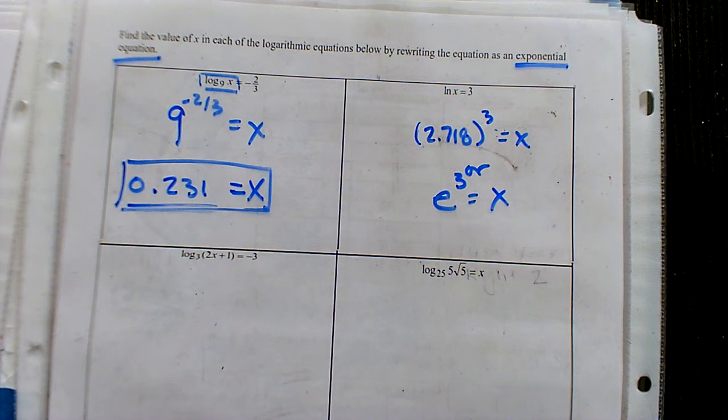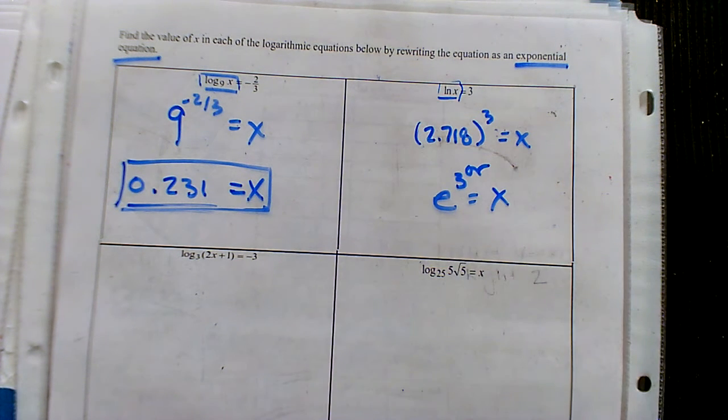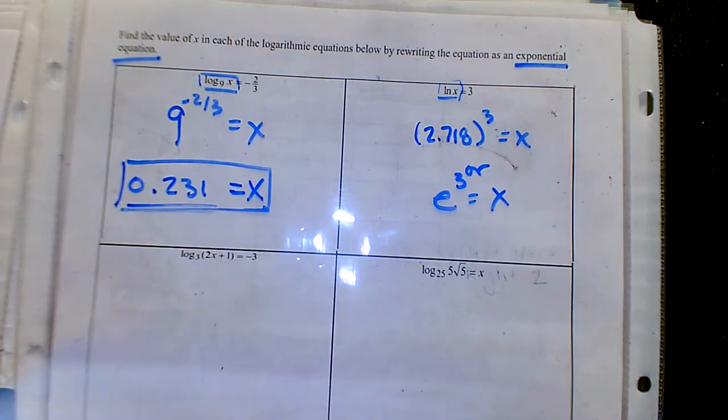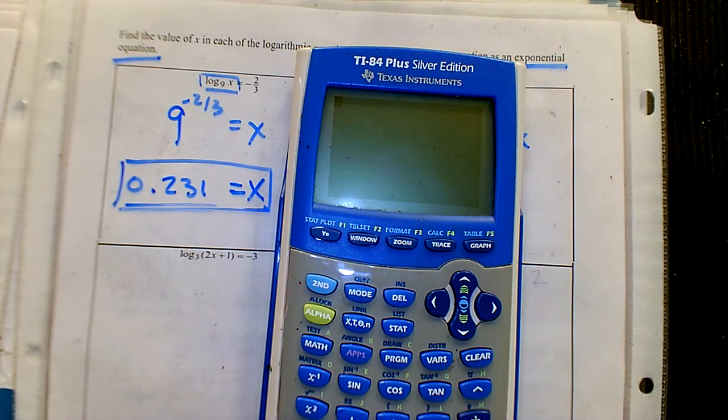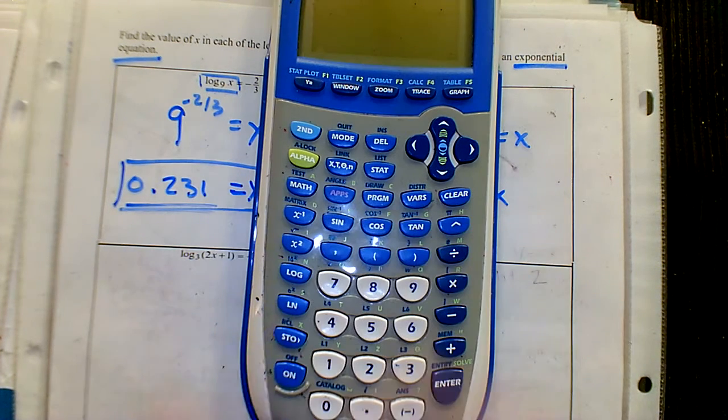On our calculator, we could not type in the natural log of x, but now that we converted the natural log to an exponential, we can figure out what x is. Either type in 2.718 to the third or e to the third. There is an e button on your calculator. Do you see it somewhere? It's kind of small. There's the natural log button, but right above it, it has e to the x power.